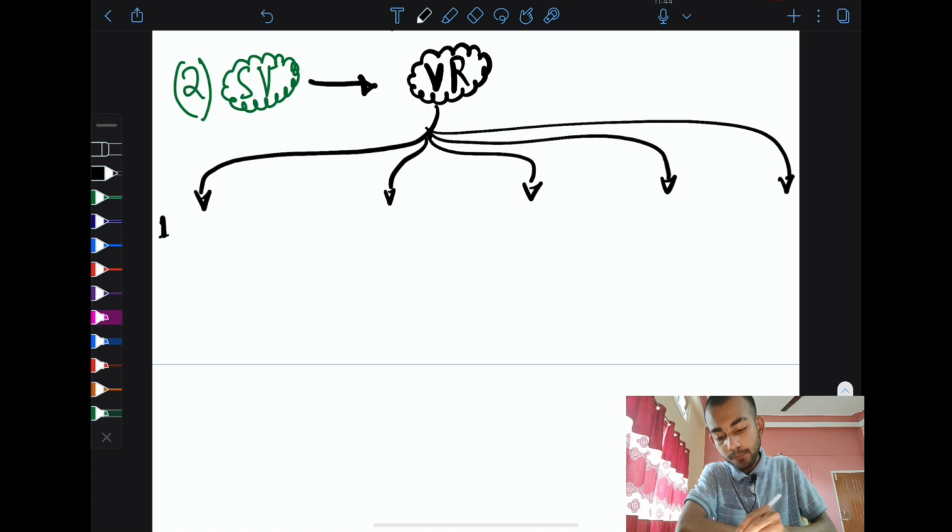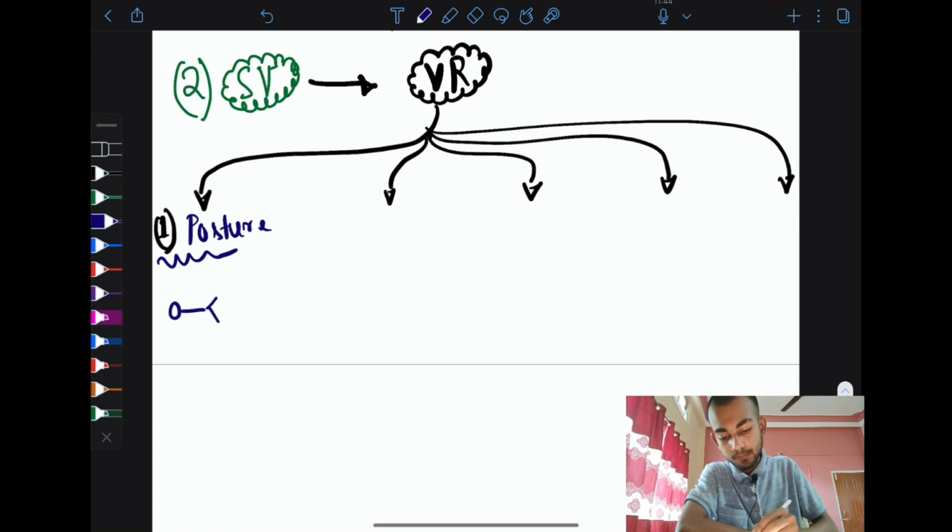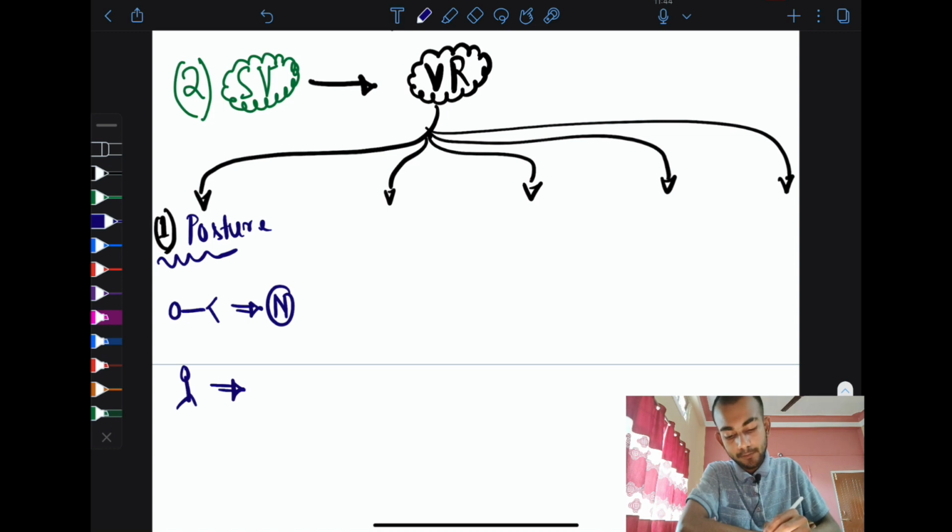So the most important factor upon which the venous return depends is the posture. Now guys, whenever we are sleeping, the venous return is normal, right? And whenever we stand, guys, the venous pooling increases. And due to this increase in the venous pooling, there is decrease in the venous return, isn't it?